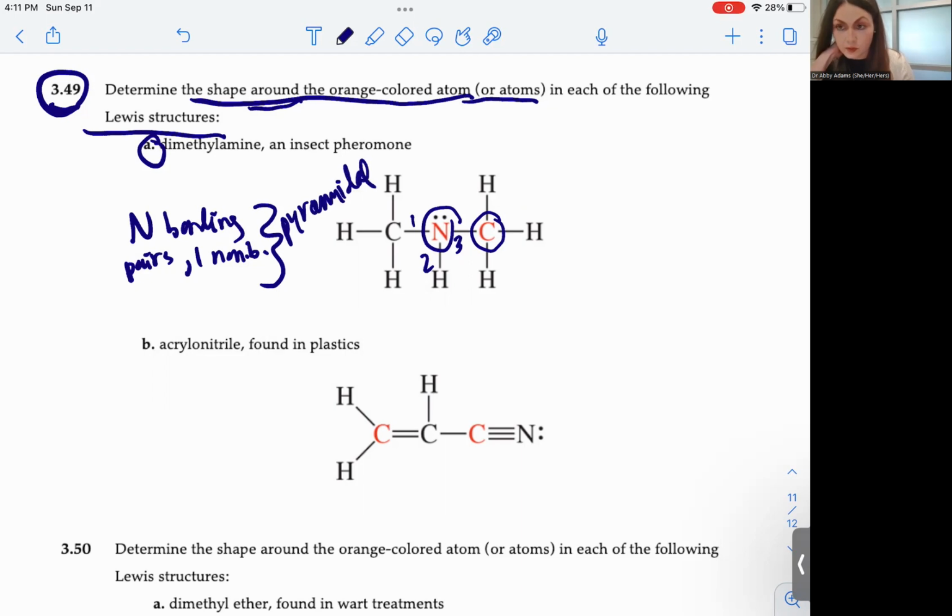It's like a pyramid. Those lone electrons are going to push all of the other bonds away and decrease the angles between them, right? In carbon, we've seen this example. We have 1, 2, 3, 4 areas of electron density, all bonding. So that is tetrahedral. All right.